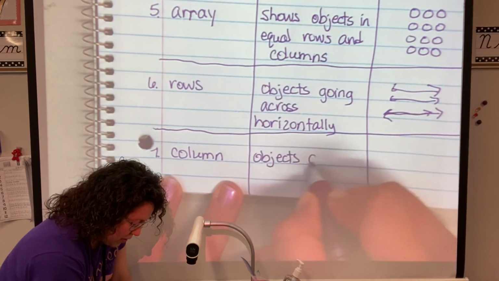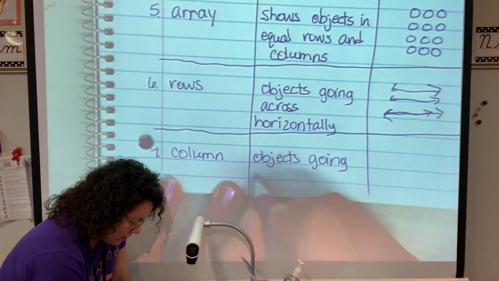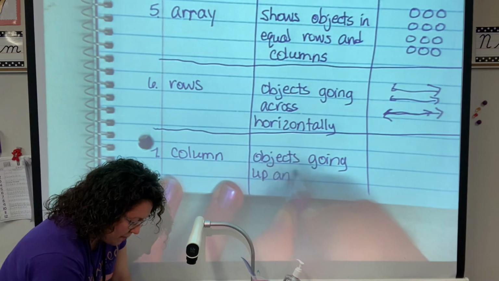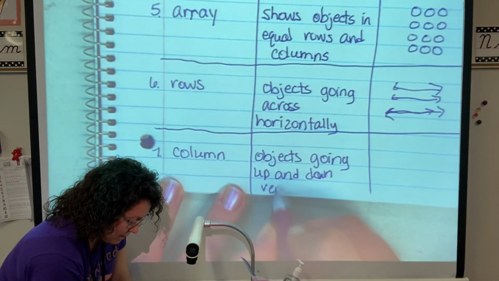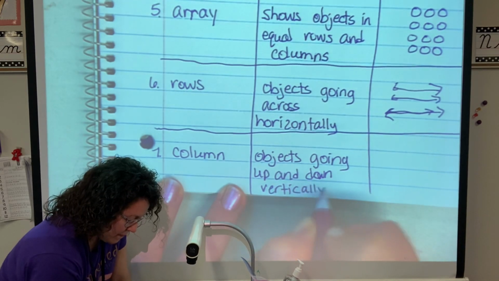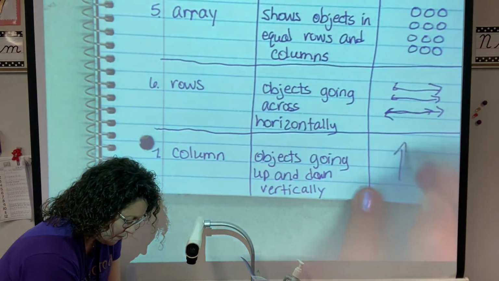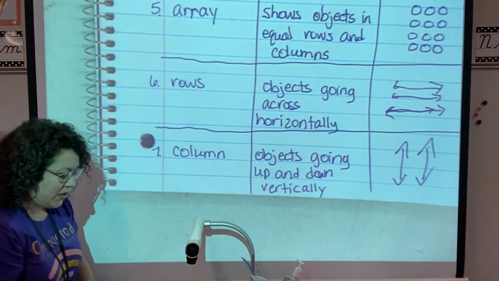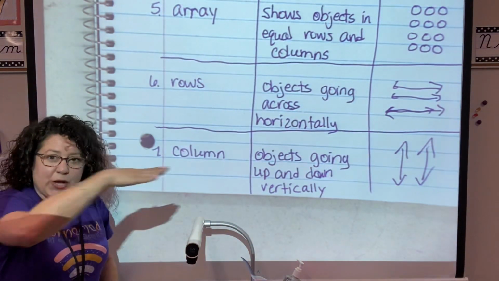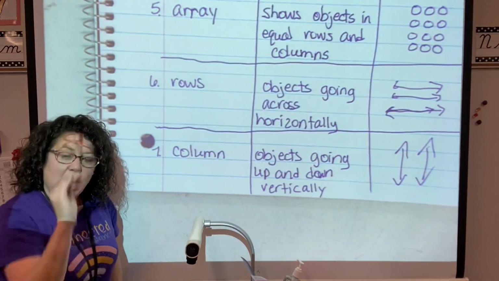Objects going up and down vertically. Okay. Objects going up and down vertically. So an array has rows and columns.